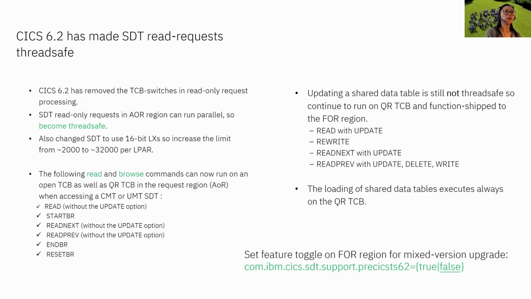If your FOR has already upgraded to 6.2, for those mixed version situations, you can use a feature toggle on the FOR region called com.ibm.cics.sdt.support.cicsts62 equals true, so that the AORs which haven't been upgraded to 6.2 will be able to talk to the FOR.